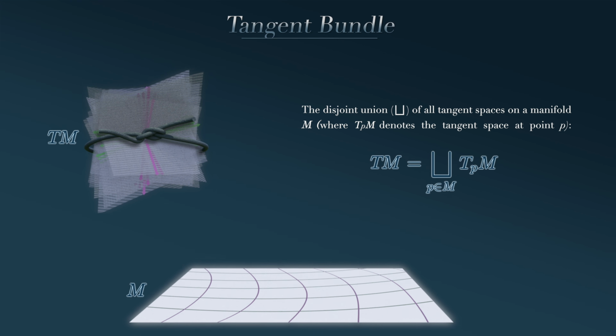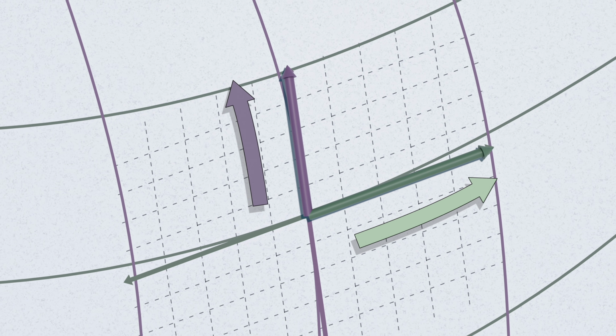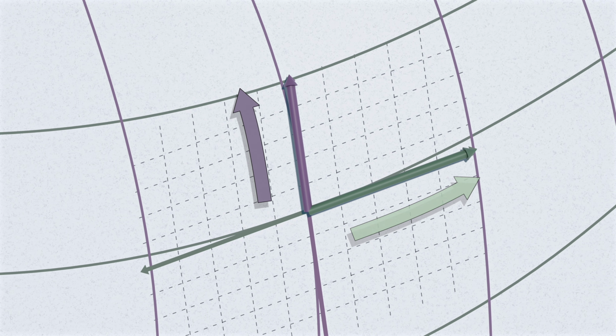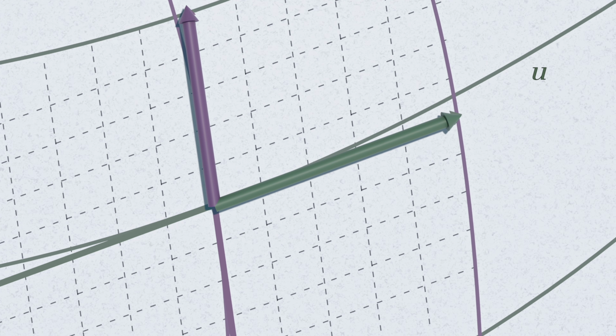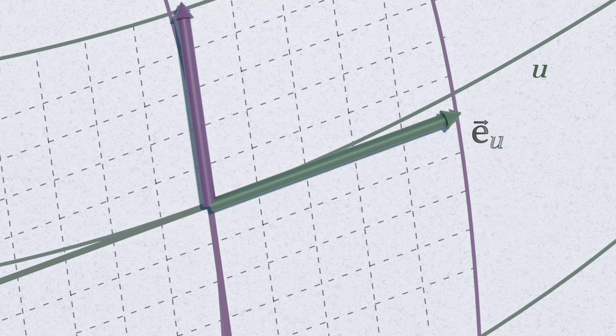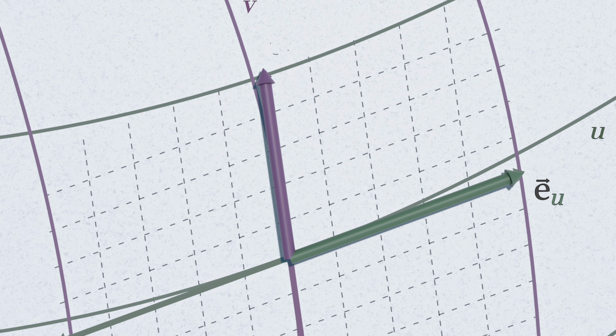For a two-dimensional manifold like this one, any tangent frame is characterized by a pair of vectors, called basis vectors, which tangentially point along the directions of the coordinate curves at that respective location. If we designate our curvilinear coordinates with the variables u and v, then this basis vector, which we'll label e_u, indicates the positive direction of the u-coordinate curve at that point, while this basis vector, e_v, indicates the positive direction of the v-coordinate curve at that point.